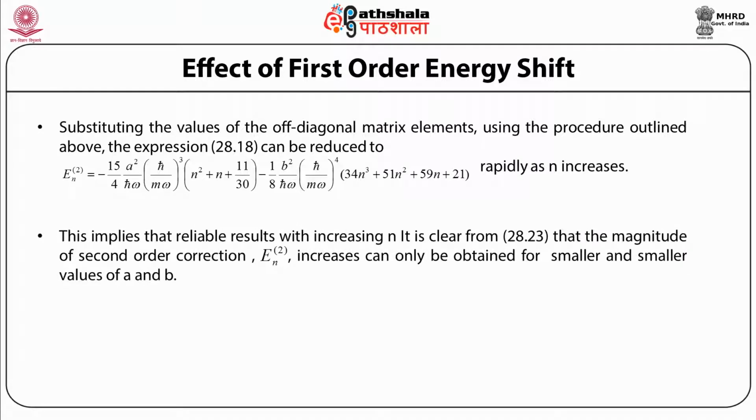This implies that reliable results with increasing n can only be obtained for smaller and smaller values of a and b.